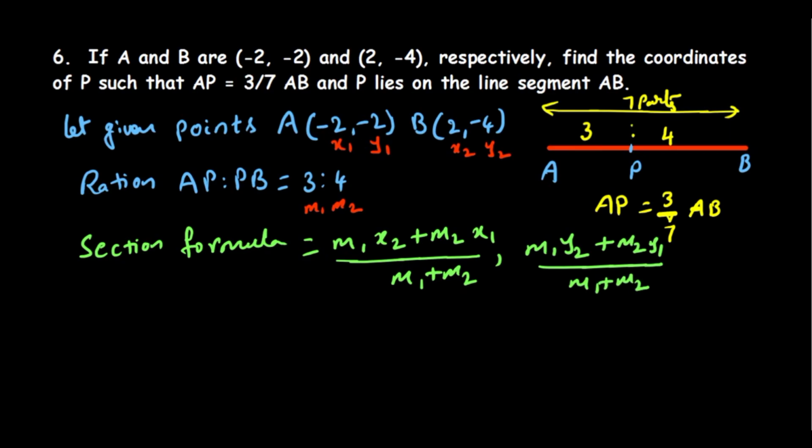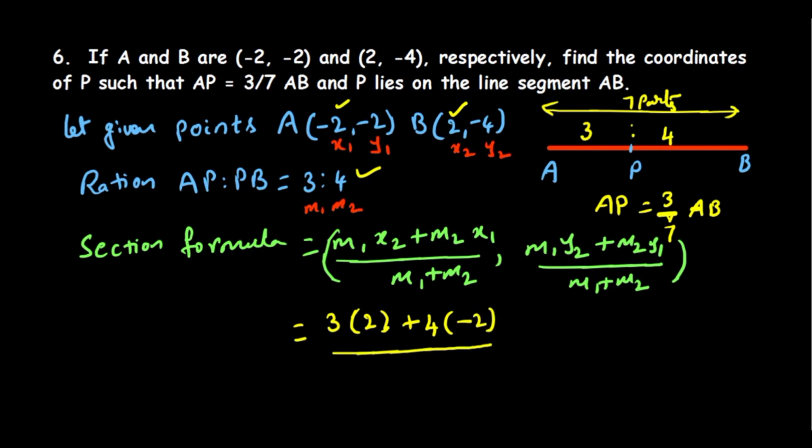Using this formula, m1 is 3, x2 is 2, plus m2 is 4, and x1 is minus 2, divided by 3 plus 4.